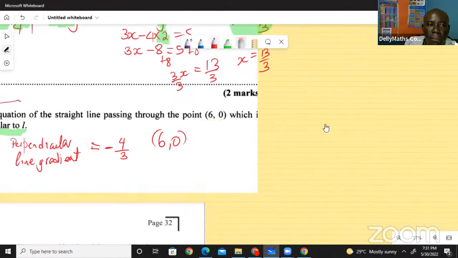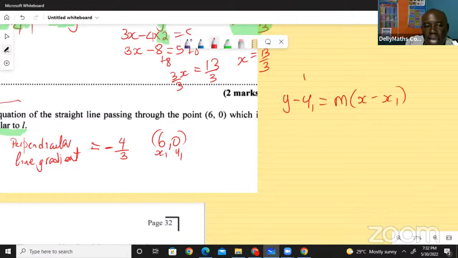Or you could put it in point slope form. Remember, this is like x1, y1. The point slope form says y minus y1 is equal to m open bracket x minus x1. This idea is used when you have a point and a slope. So they call it point slope form. Slope means gradient.